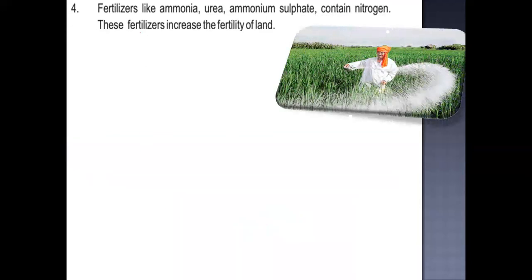If we see the next one, the next use is fertilizers. Fertilizers like ammonia, urea, and ammonium sulfate contain nitrogen. Like the person who is spreading urea, which is called fertilizer, on the plants. Those fertilizers give nitrogen to the plants, because plants cannot get that nitrogen directly from the atmosphere, so it has to be dissolved first in water. After spreading the fertilizer, they give water to the plants, the fertilizer is dissolved in the water, and then the plants absorb these minerals by the roots.